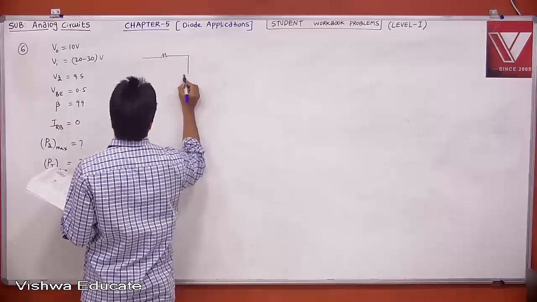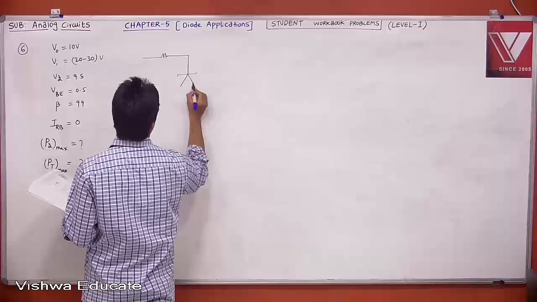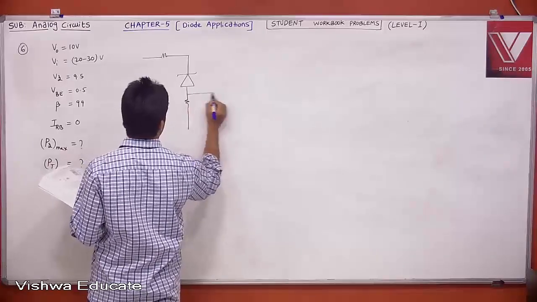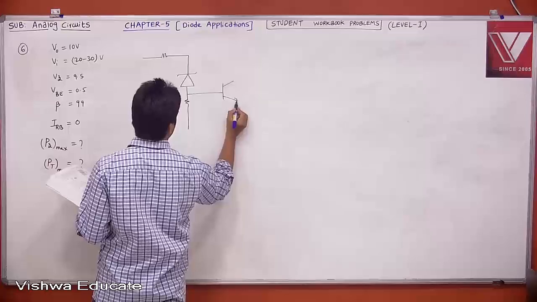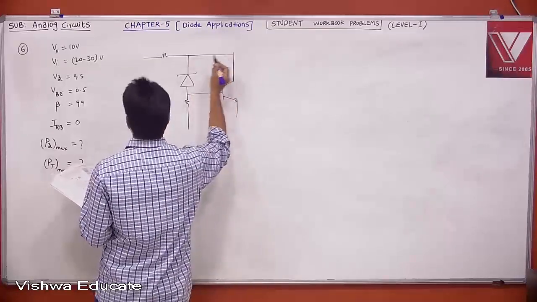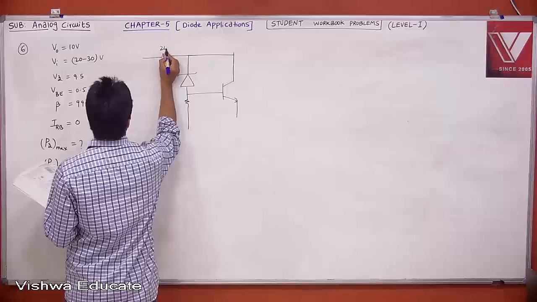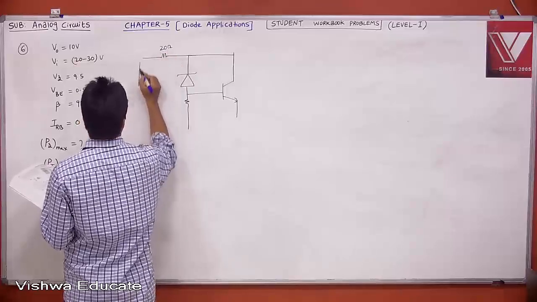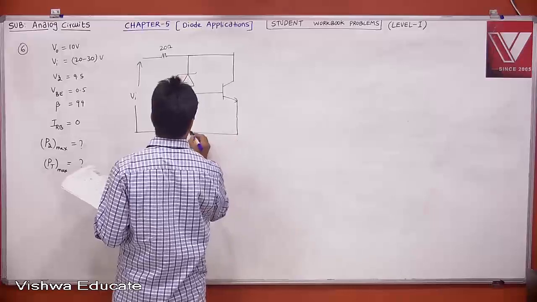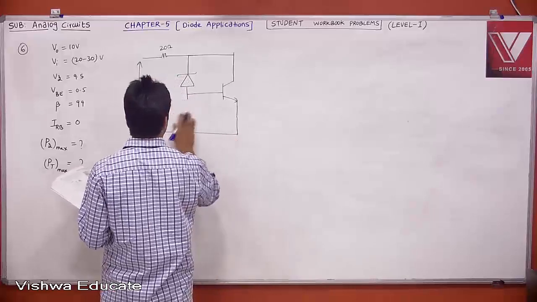That is what the circuit is. This is your Zener diode. This is your shunt regulator. This is 20 ohm. This is your VI. And this is your RB.